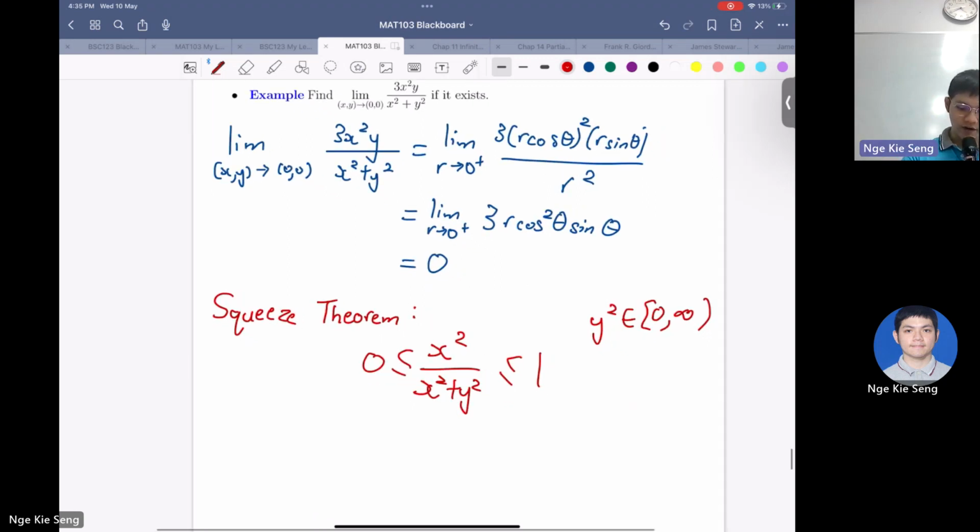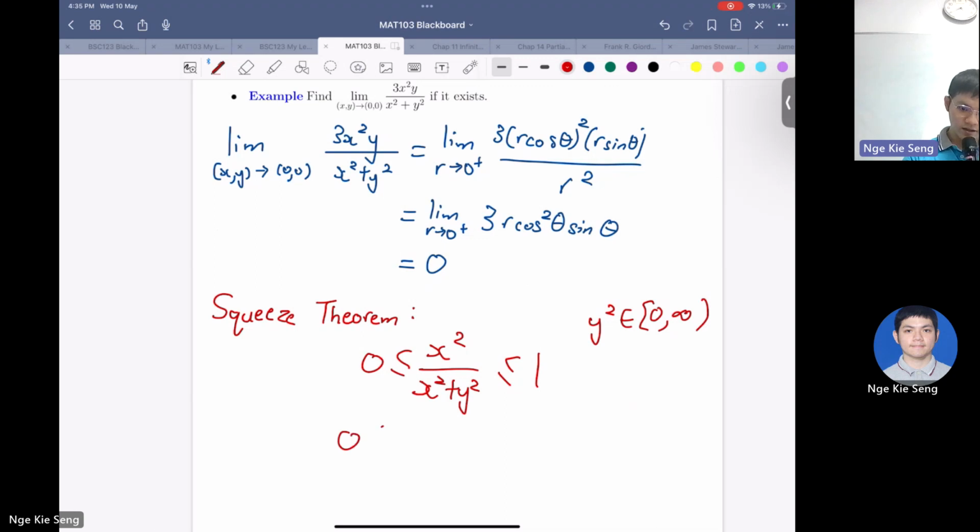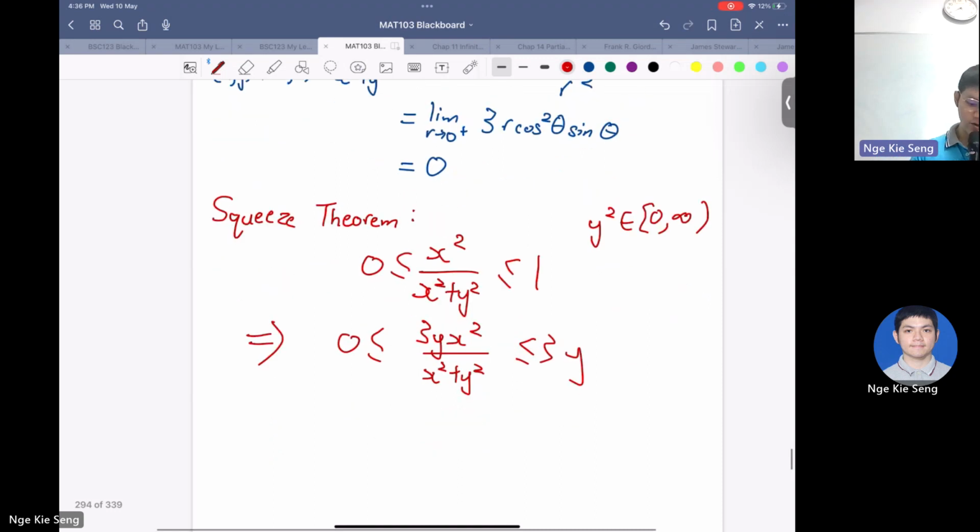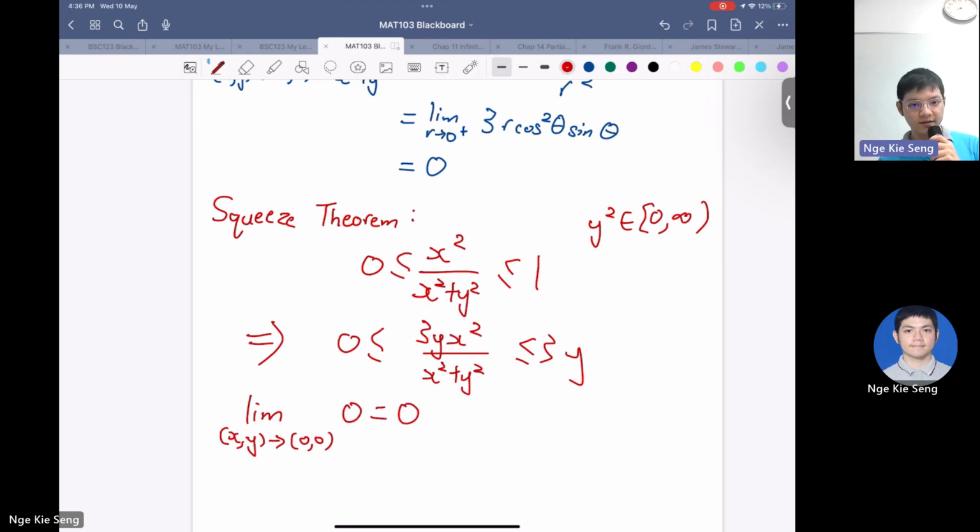But this is not quite our function yet, right? So we just multiply 3y to the inequality. Now we will decide whether this is a good bound or not. On the left-hand side, when you take (x,y) to (0,0), because this is just a constant function, we always get the constant, which is 0 in this case.